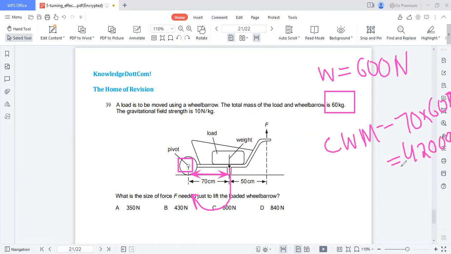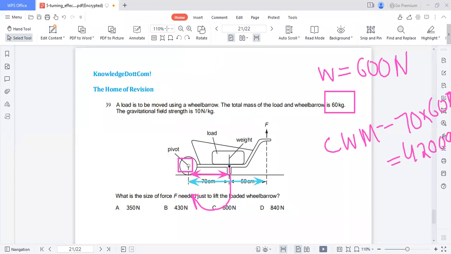Then there is the perpendicular distance, which is 120 centimeter, and the force is F.